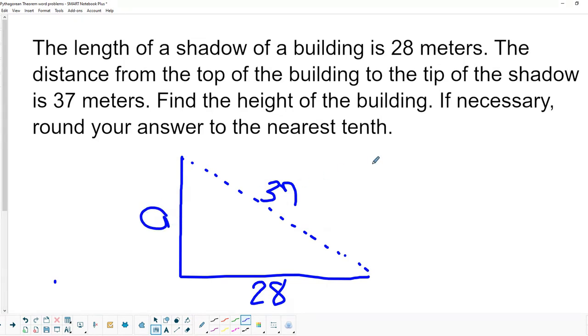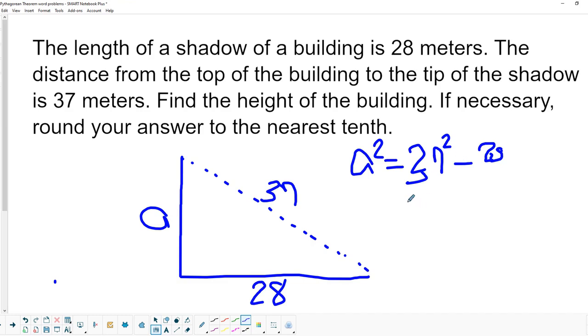So to find out, we just do a squared equals c squared, taking a little shortcut, minus b squared. Okay, it's minus 28 squared.